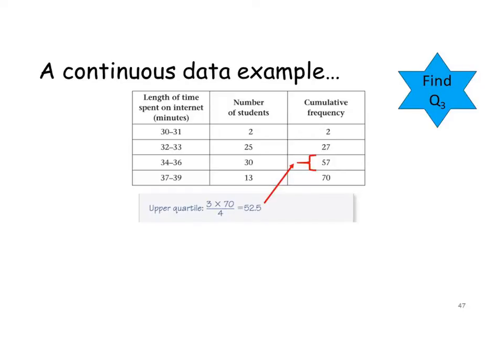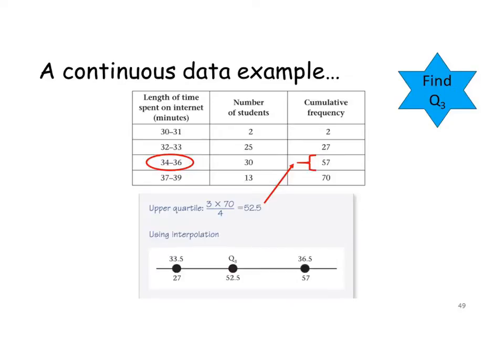It's in the third row between the 28th position and the 57th position, which means it is in the class of 34 to 36. Let's set up our diagram. And we have our class boundaries, 33.5, 36.5. Our cumulative frequency boundaries, 27 and 57.